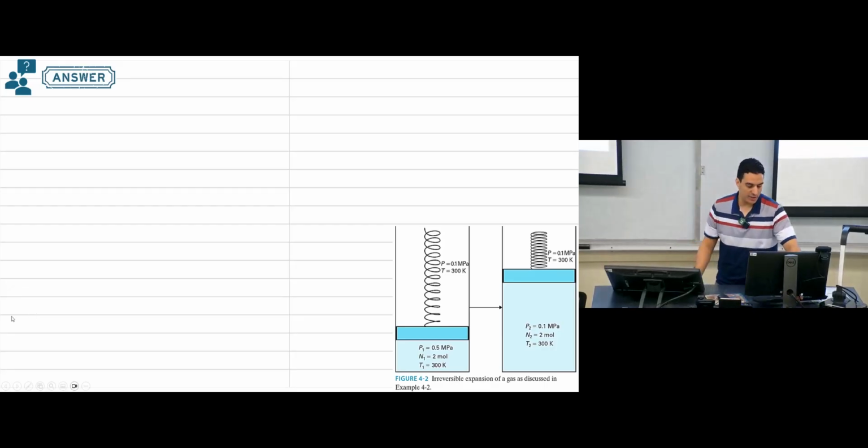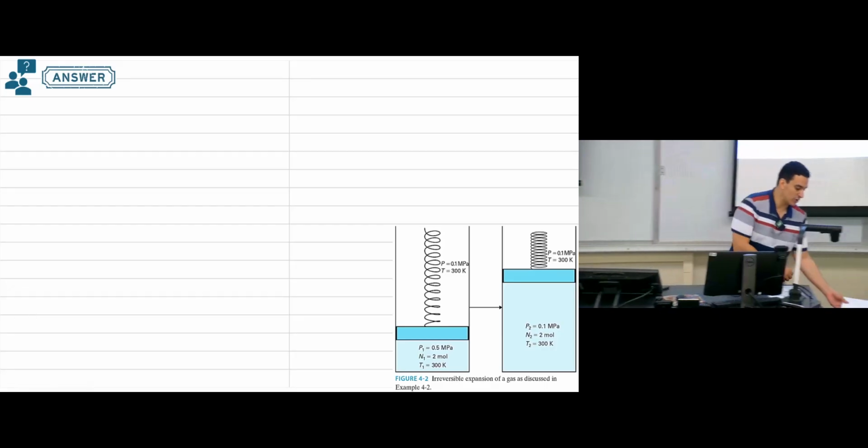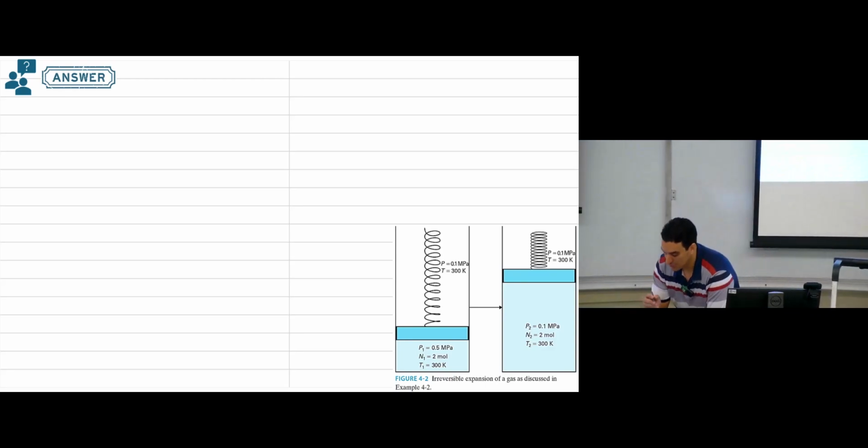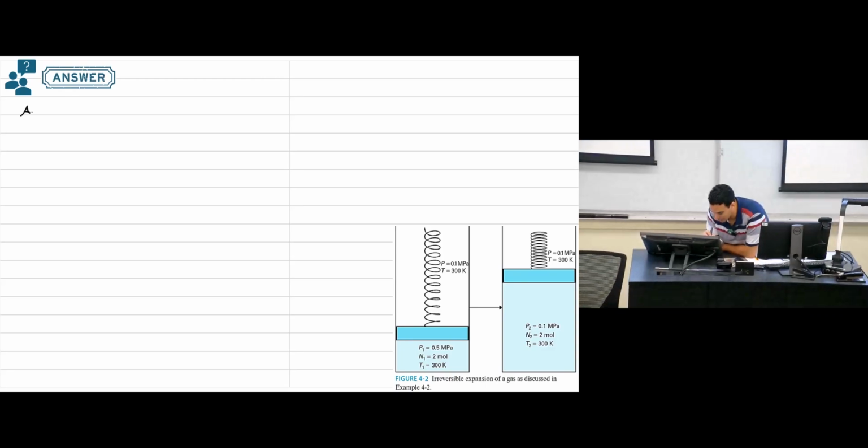So in order to analyze this one, this is the picture of the system we have here. In order to calculate work, calculate W, we have the first law of thermodynamics. So in this one, we need to apply the first law of thermodynamics, which is the energy balance equation.